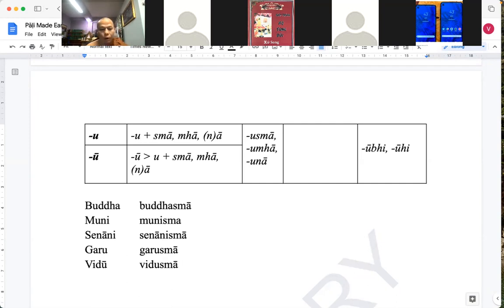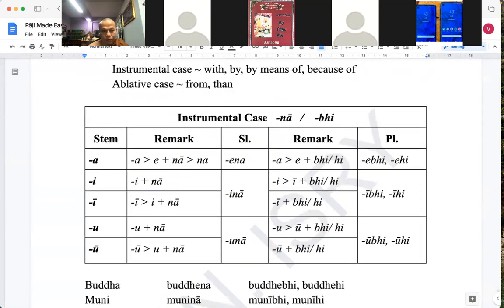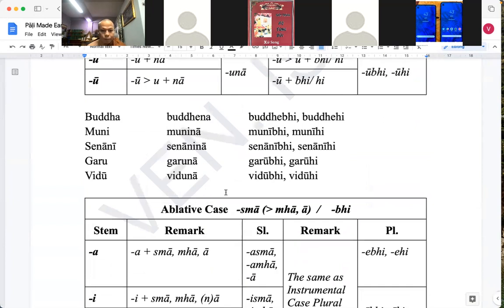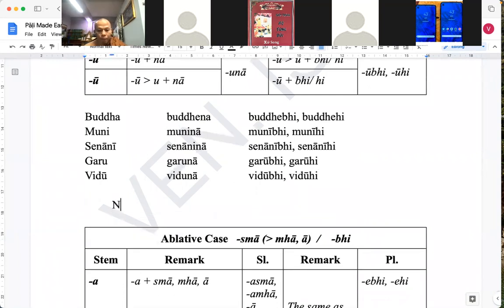Later I will explain that point again. Now, in the instrumental and the ablative, before the singular sign, you need to note that a long vowel becomes short.